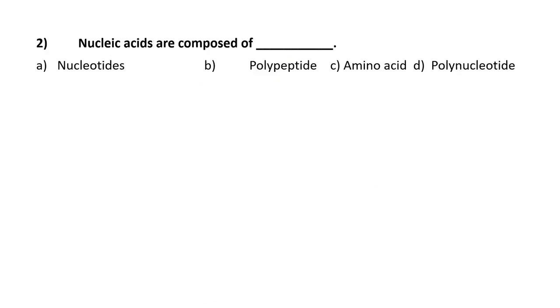Now, nucleic acids are composed of, and this is super easy, nucleotides. You can also answer polynucleotides, so both are correct: the nucleotide is the monomer, and the polynucleotide is the polymer.